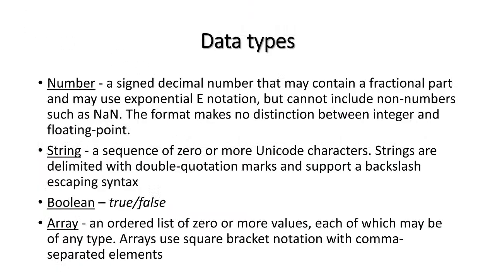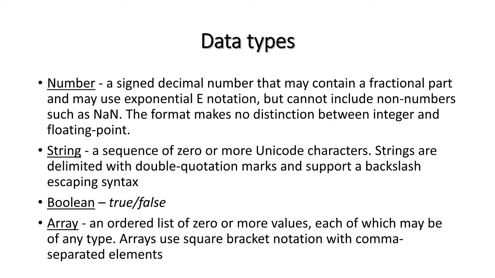First of all, it's simple: you can have a number. Compared to Java or other programming languages, there is no exact type of number values. In Java you have integer, float, double, long, signed, unsigned.